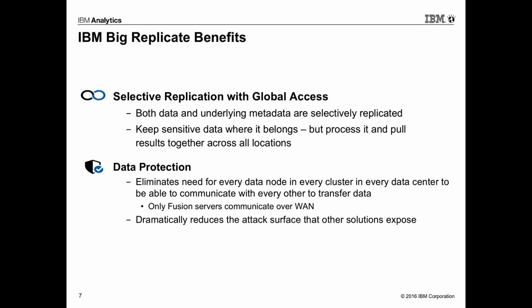Today data security and privacy is a huge thing. Every day there are attacks happening around the world, and with IBM BigReplicate, you can have that active, near real-time data replication without the concern for a huge attack surface.